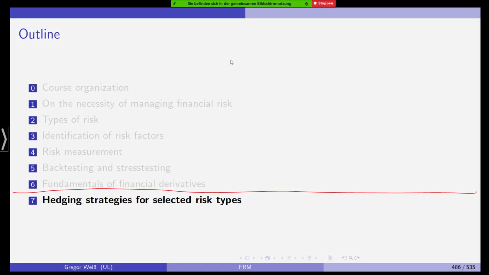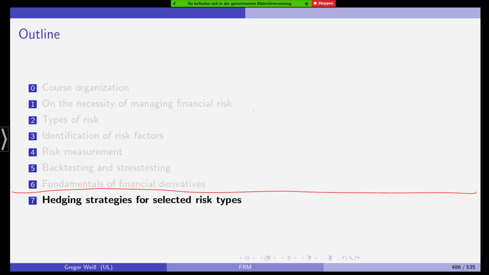Hello everyone, and welcome to what is probably our last lecture this semester in financial risk management. We've now arrived at the section in chapter 7, in which we want to discuss several different hedging strategies for some selected risk types.